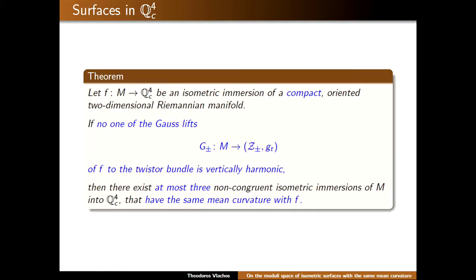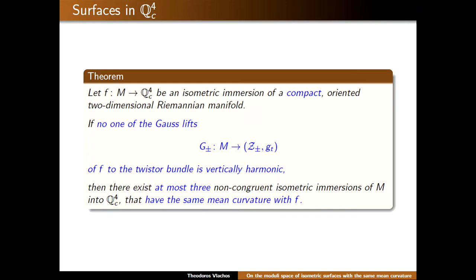So now we may state the result for non-flat space forms. You have a compact surface. We have the Gauss lifts into the Grassmann bundle, and assume that none of these lifts is vertically harmonic.